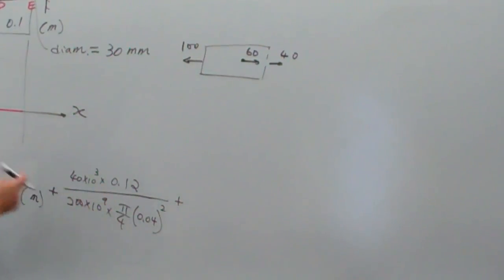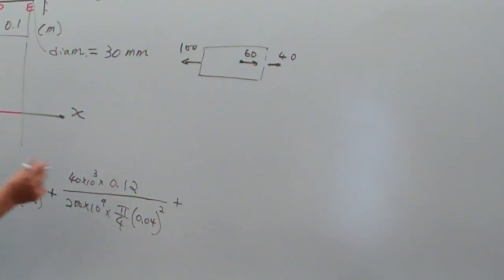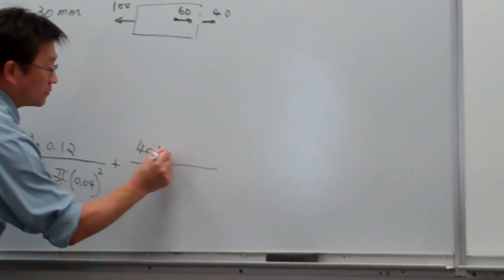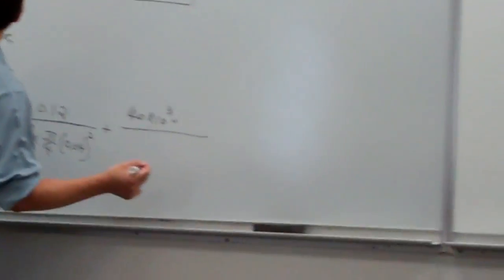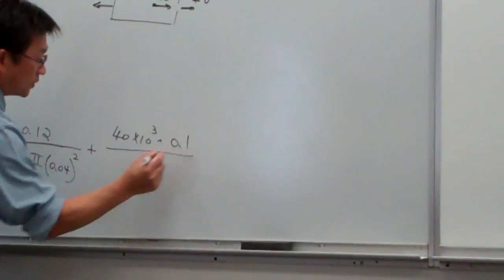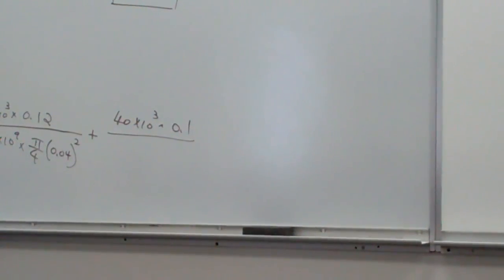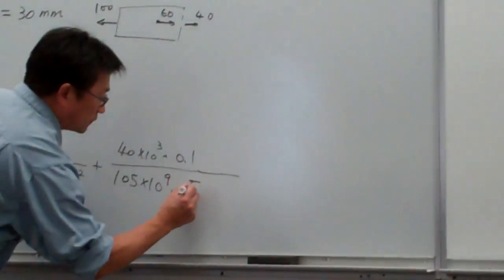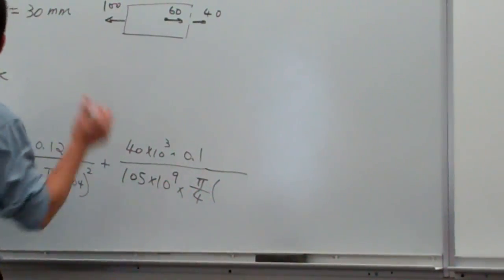So now we move on to the third one. For the third one, the force is equal to 40, L is equal to 0.1, E changes to 105, and A is also different: pi over 4 times the diameter for the third segment, which is 0.3.